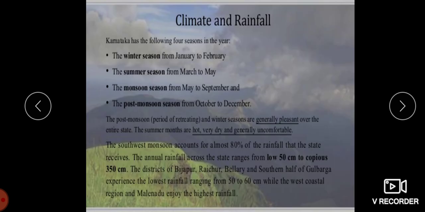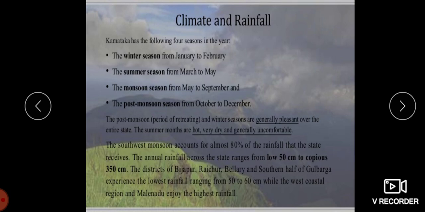Now we have to know about the climate and rainfall. Sorry, children. Karnataka has a tropical monsoon climate. The main characteristics of the climate are hot and moist summers and cool and dry winters, but there is diversity in the climate of the state.